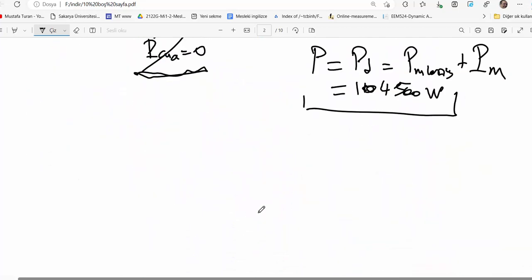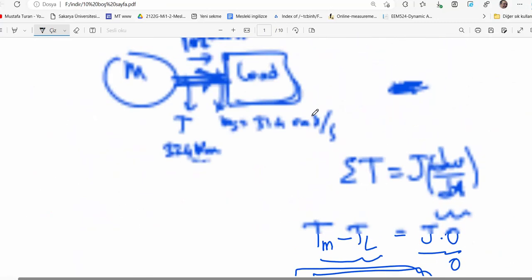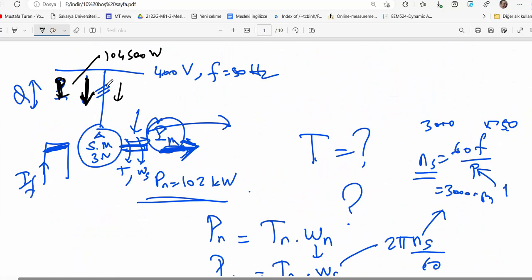Yes, continue. We have solved question B. Let's try C. Calculate the line current of motor drawn from the network. In the question, here are 3 lines.